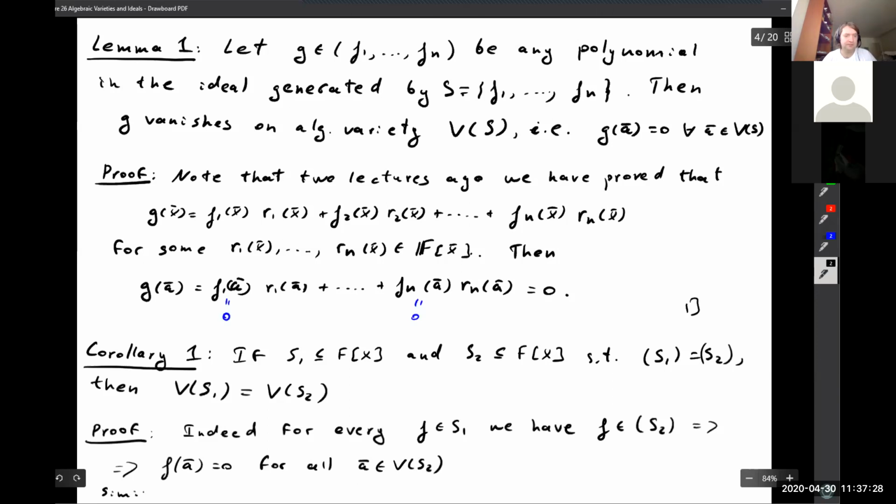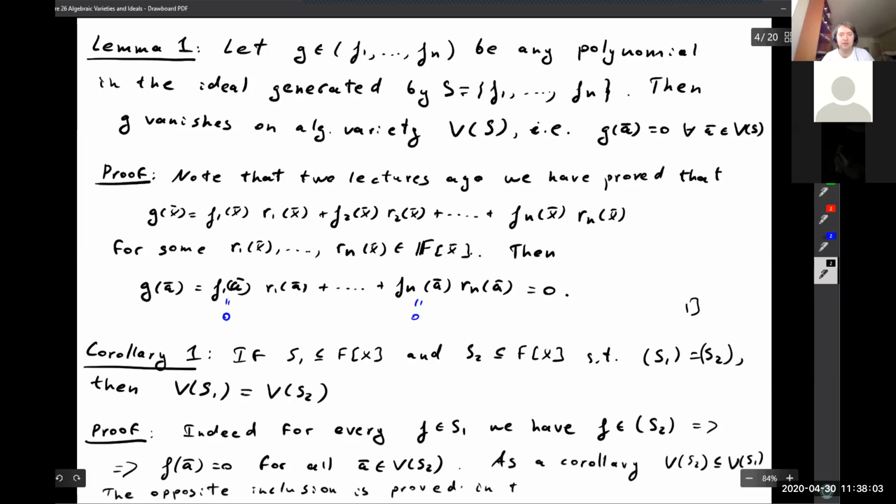Similarly, as a corollary, the set of zeros of S2 is a subset of zeros of S1. Well, the opposite inclusion is proved in the same way. Okay.